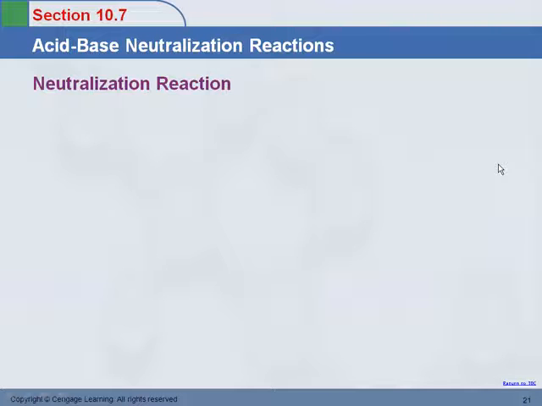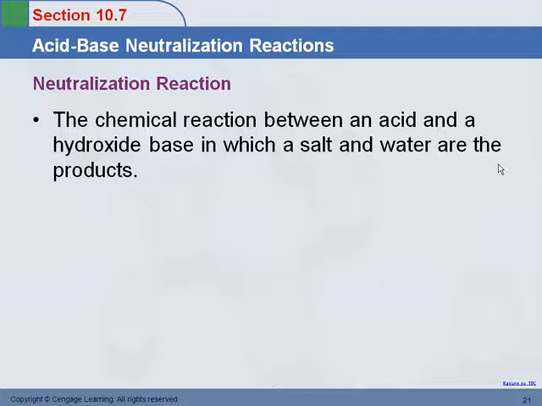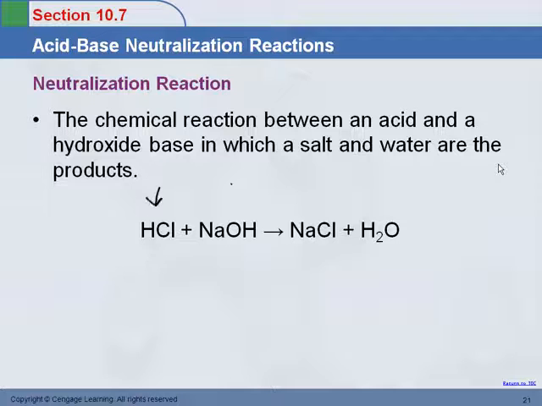Acids and bases, when they get together, perform what's called a neutralization reaction. And what forms is a salt and water. So that's the same as saying an ionic compound and water. So HCl reacting with sodium hydroxide. Here's my acid. Here's my base. So neutralization, by definition, is an acid plus a base forming a salt plus water.